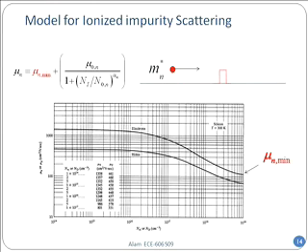Only the first term will remain, right? So therefore, at ND equals infinity, 10 to the power 19, we start with mu minimum. Now, as you make N sub I smaller and smaller, in the limit of N sub I equals 0, your final answer will be mu minimum plus mu naught, right?